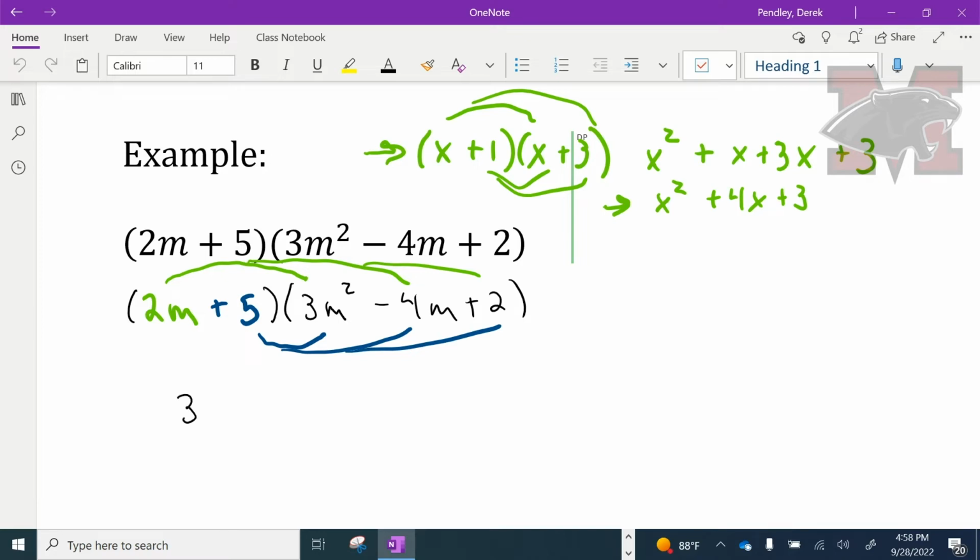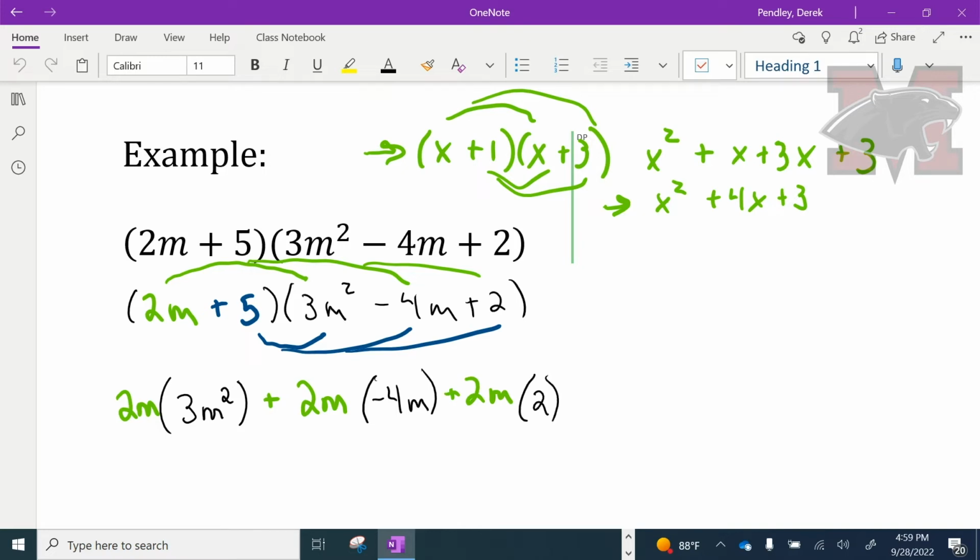3m squared multiplied by 2m, plus 2m multiplied by negative 4m. That's that second one. And then 2m again multiplied by this positive 2.